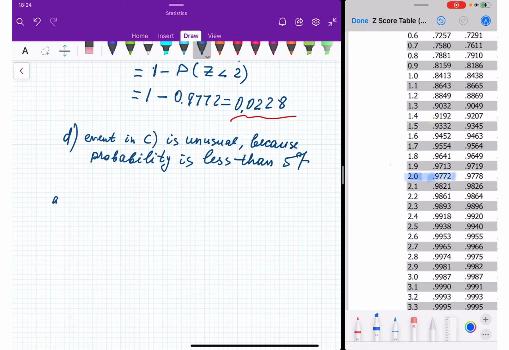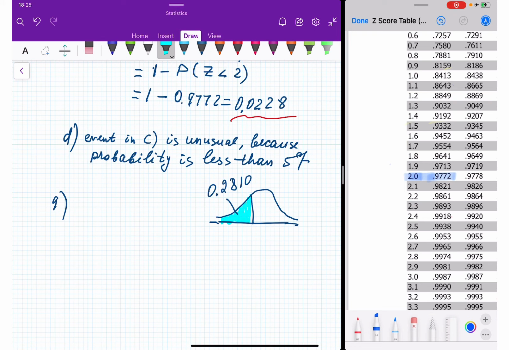So what do we have? We have the area. It's given the area already. What we do know, the area is 0.2810. We need to find what z-score is matching this area.